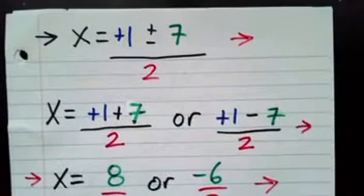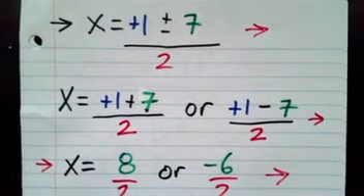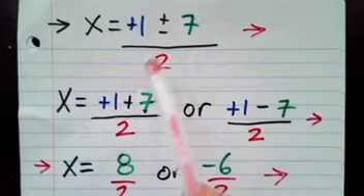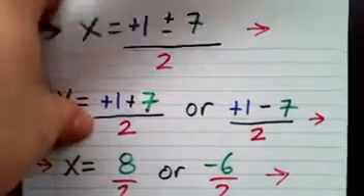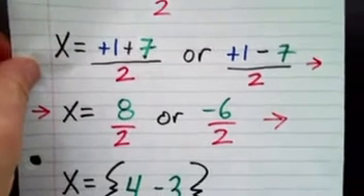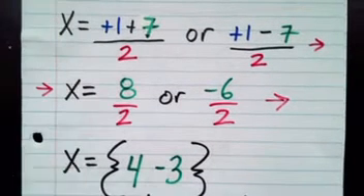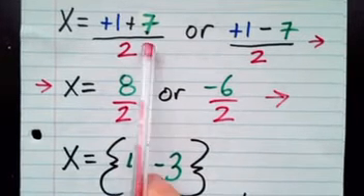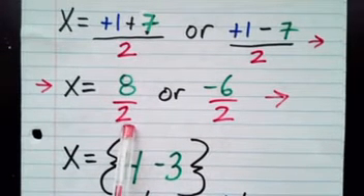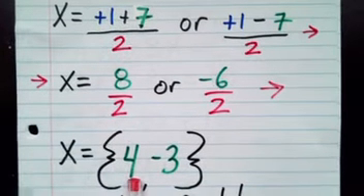All right, let's go ahead and finish this problem. In our next step, like I said, it's going to be 1 plus 7 divided by 2 and 1 minus 7 divided by 2, which is what you see here. So 1 plus 7 is 8, divided by 2. 8 divided by 2 is 4.